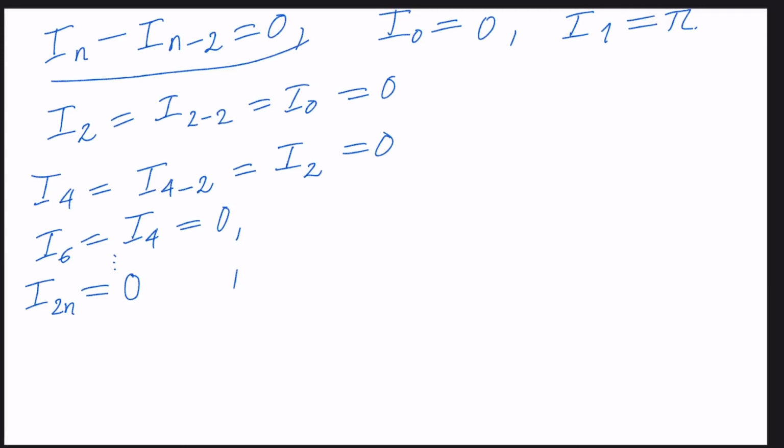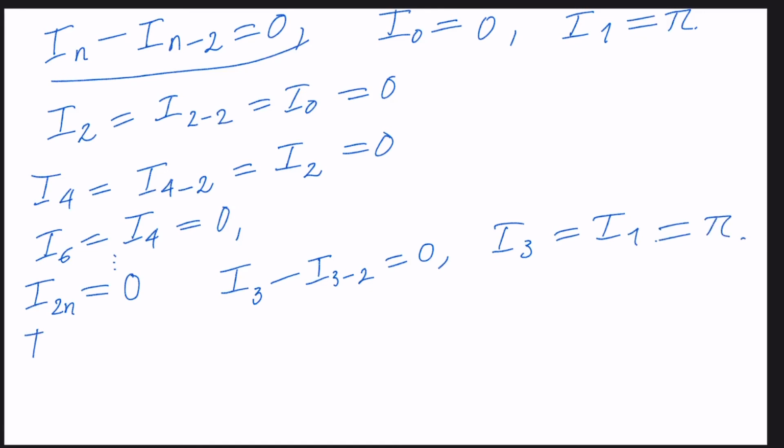Now a3 is equal to a3 minus 2, that is a1, so a3 is equal to a1, equal to pi, and a5 is the same as a of 5 minus 2. This is a3, this is pi.